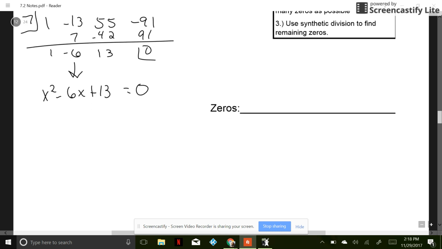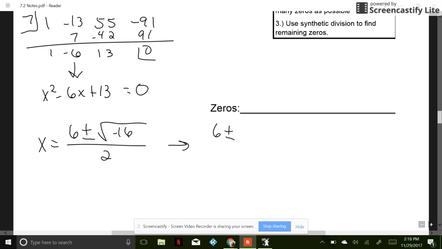So if we want to find where this is 0, again, we don't see these in our picture at all, so we know they're going to have imaginary solutions. Let's go ahead and use the quadratic formula again. So x is equal to negative b plus or minus the square root of b squared minus 4ac. I went ahead and did it for you. It's negative 16 all over 2.